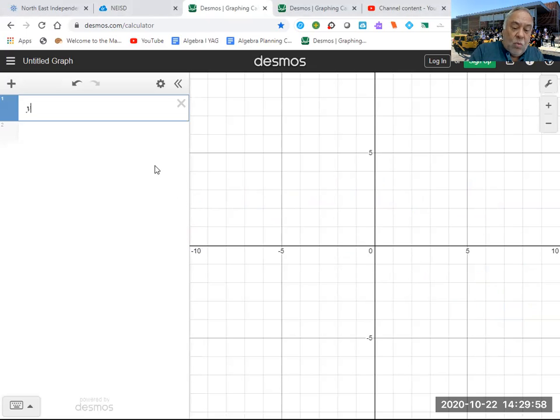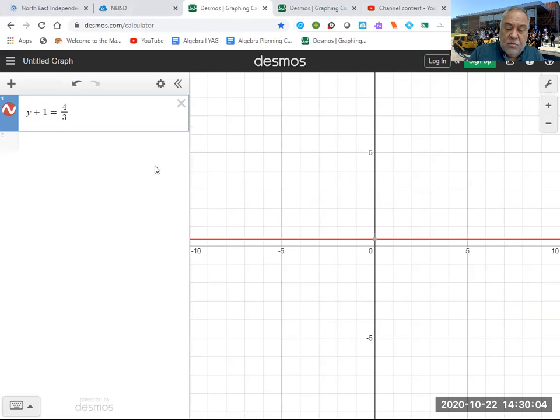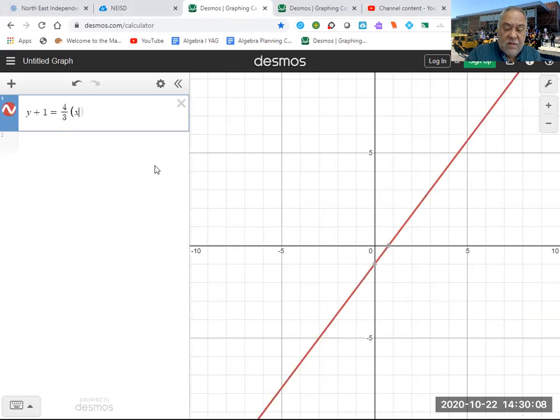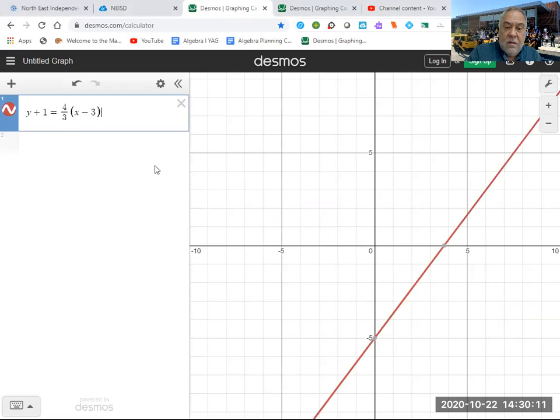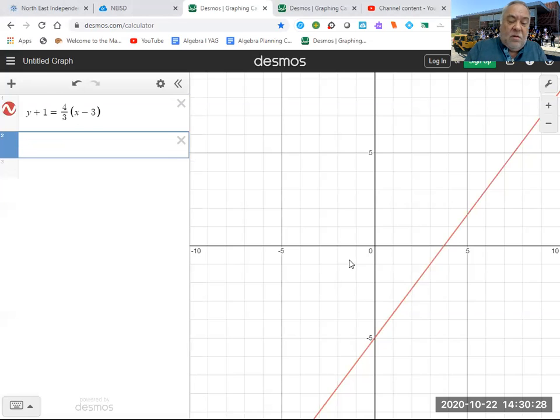I told you y plus 1 is equal to 4/3. Okay, and that's what it looks like. So you can put that in and say, does that match the graph they gave me? If so, then that's the answer. If it doesn't, go to the next one. And you can put all four in at the same time.